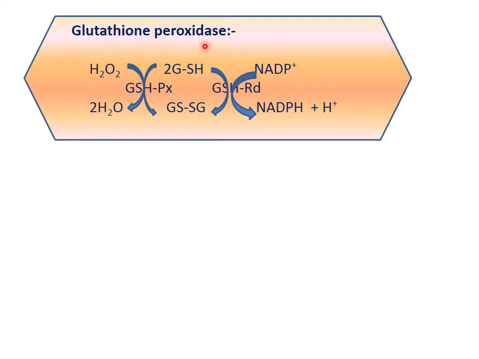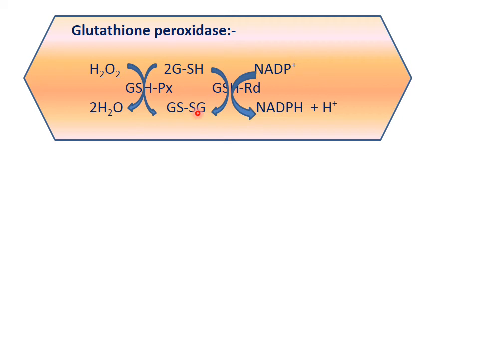Then the third enzyme is glutathione peroxidase. This glutathione peroxidase acts on hydrogen peroxide and converts it into water. Reduced glutathione takes H from this H2O2 and gets converted into oxidized glutathione.